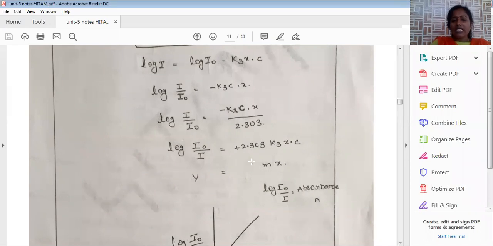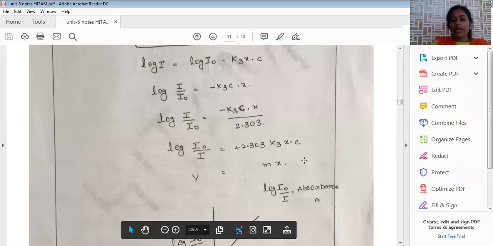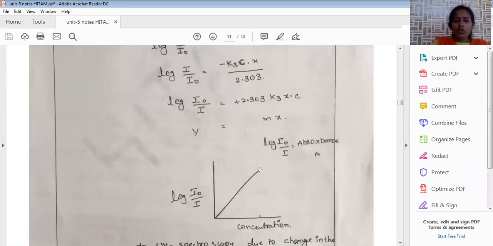Now the equation is in the form of y is equal to mx. So we can plot the graph with y-axis term log I naught by I, x-axis term concentration, and the remaining total value becomes the slope, that is m. 2.303 k3x is taken as the slope.